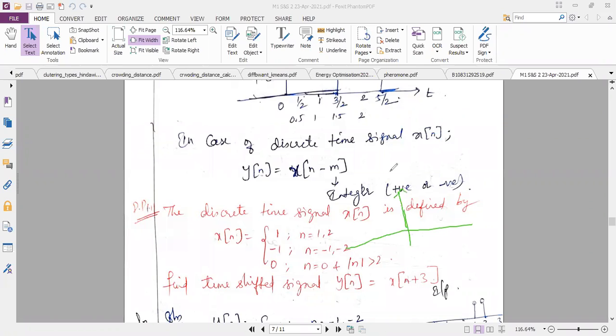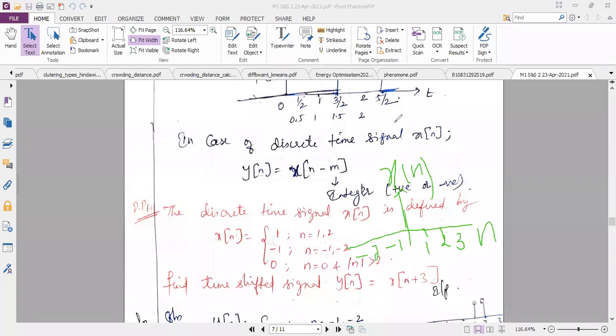Now I will plot x of n along the y-axis and n along the x-axis. You know how to mark the n values. It is 1, 2. I think 1, 2 is sufficient because at other values of n we do not have any amplitude. Here on the left hand side is minus 1, minus 2.